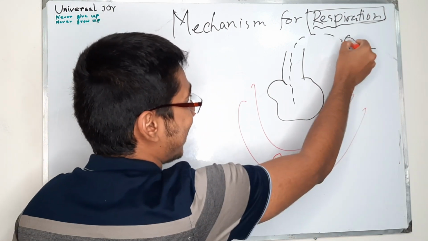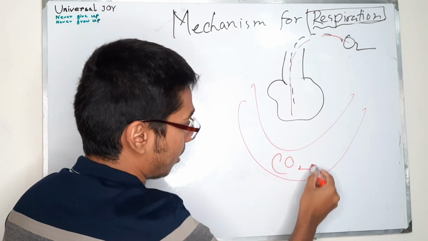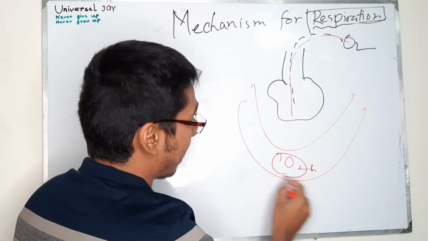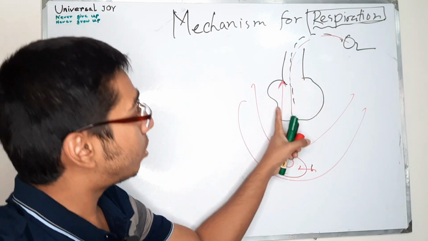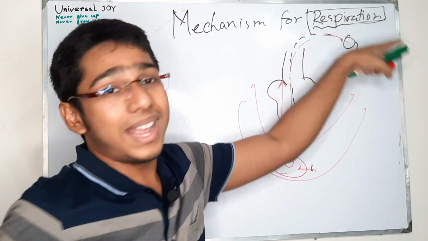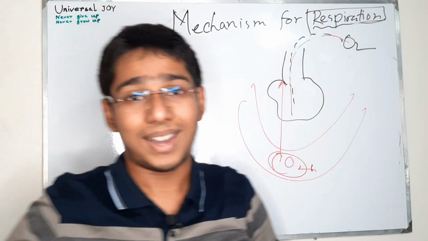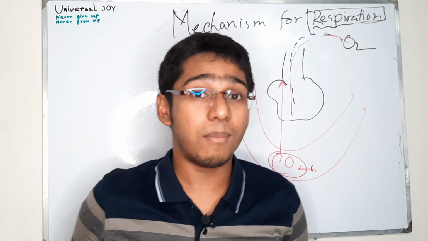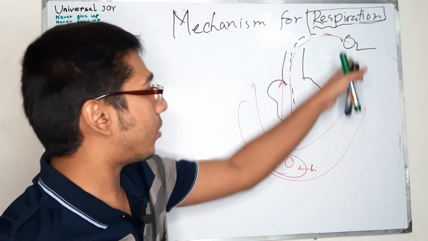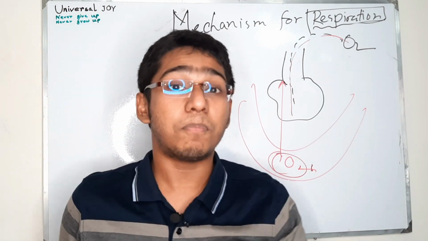Now there will be an exchange of this oxygen from the lung alveoli into the blood vessel, and this carbon dioxide will be excreted out of the blood vessel into the lung alveoli, and through this lung alveoli it will be excreted out of our body tract, and into the outer atmospheric air.